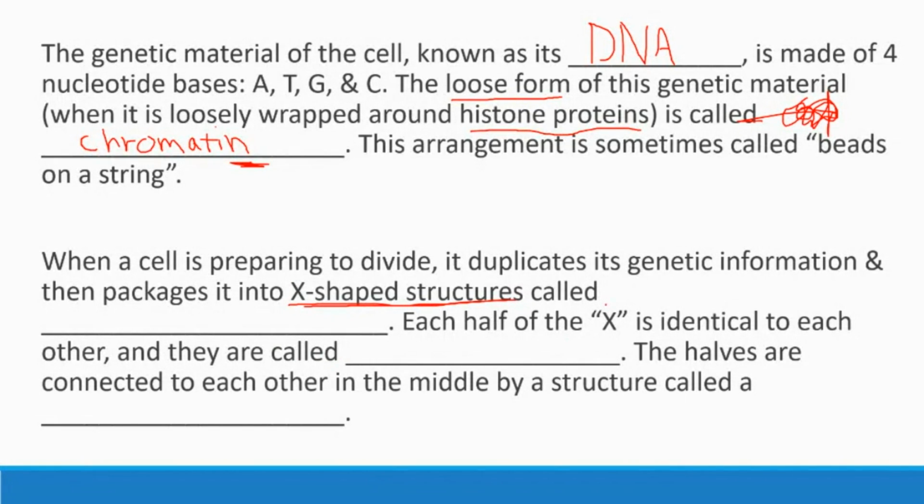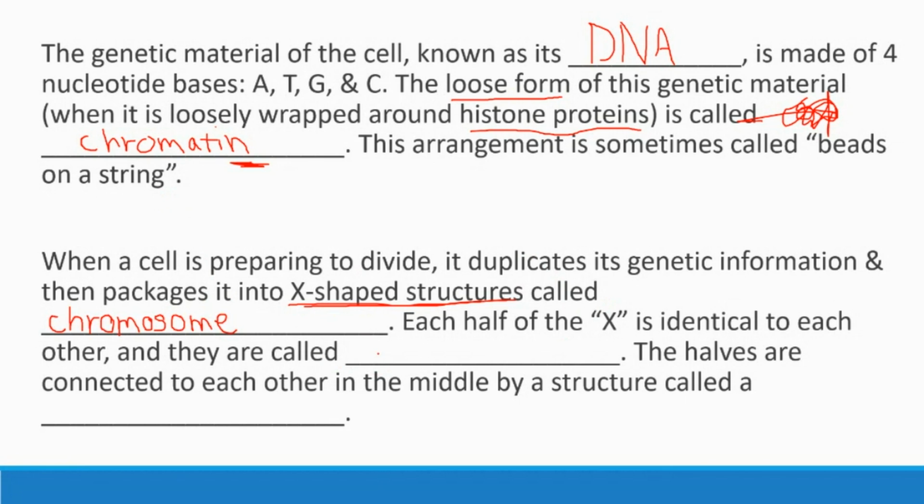What was the name again of that big model, the big X in the model? Yeah, the form that your genetic information is in when you're dividing is a chromosome. So the big overall X, what we see inside our cell, that's called a chromosome.